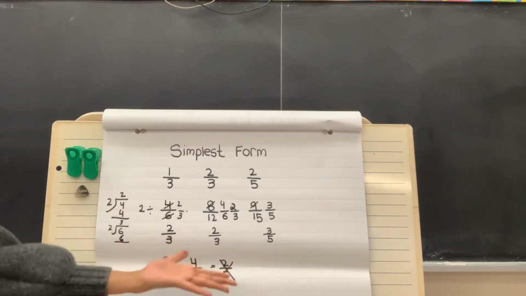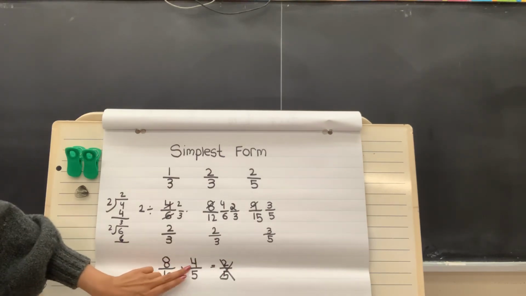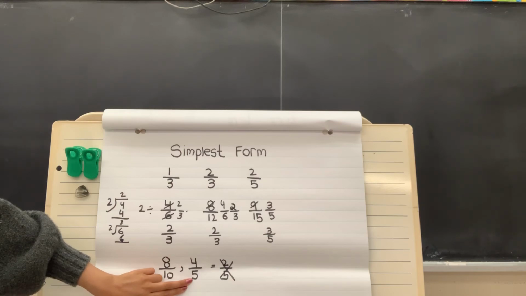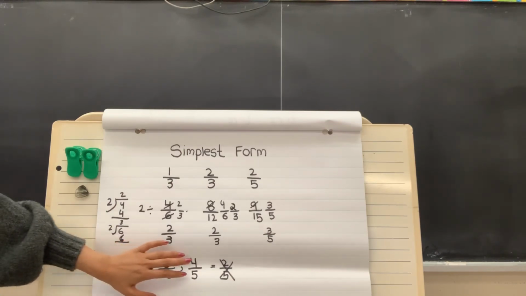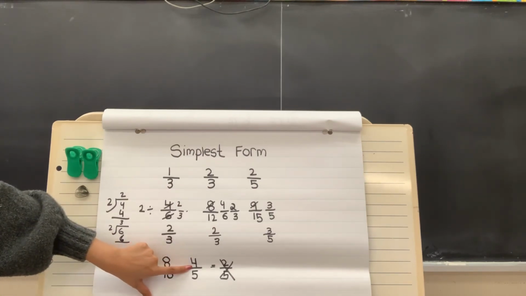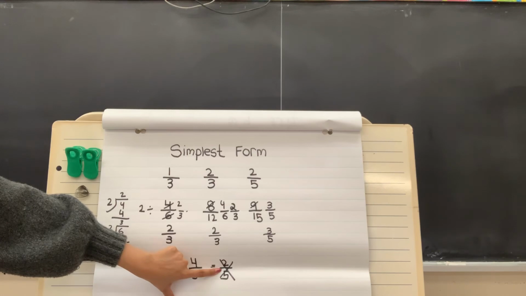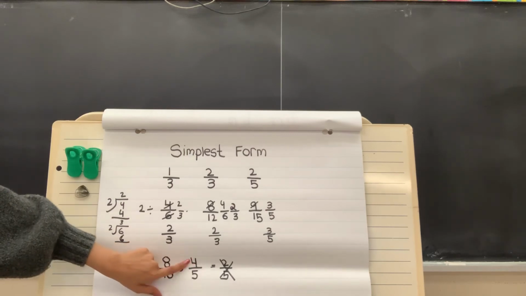So therefore, the simplest form is 4 over 5. Does that make sense? Since they're both even, we can have half. So since this was both even, we broke it into half. But after that, we can't go any further. Please remember, whatever you do to the bottom, you do to the top.